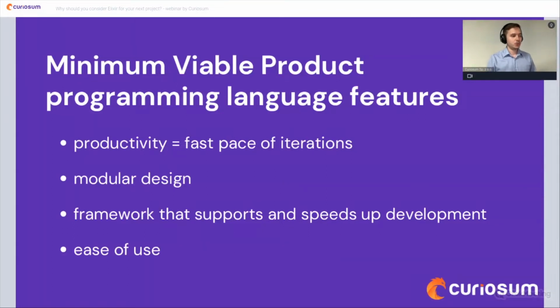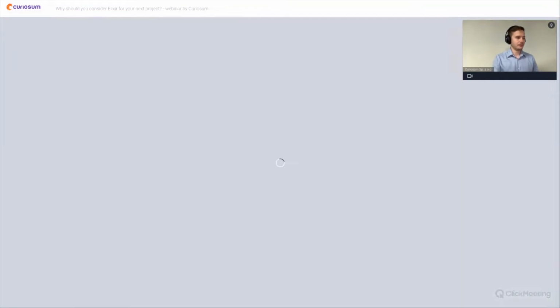And of course, it would be nice if this language were easy to use, meaning the construction of it is easy to grasp. It's easy to learn and do something with it. Because again, the key here is to ship the product fast, and ease of use is important at this step.